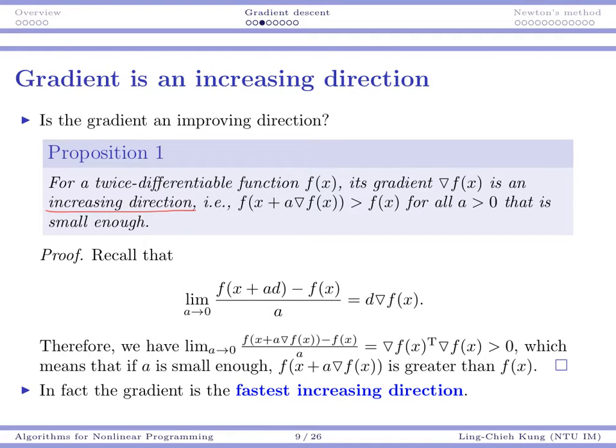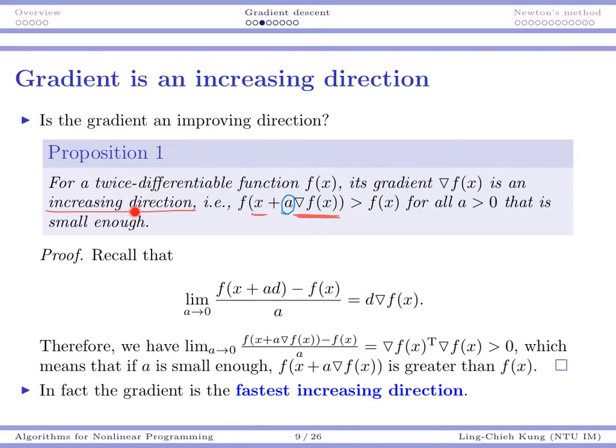That is, I am currently at x, and I add to the vector x another vector, which is its gradient. And of course, when I add it, there can be a weight on it, so I'm going to change the value of a. If a is 0, I am still at the point x. If a becomes larger and larger, then I move along the gradient direction, forward and forward.